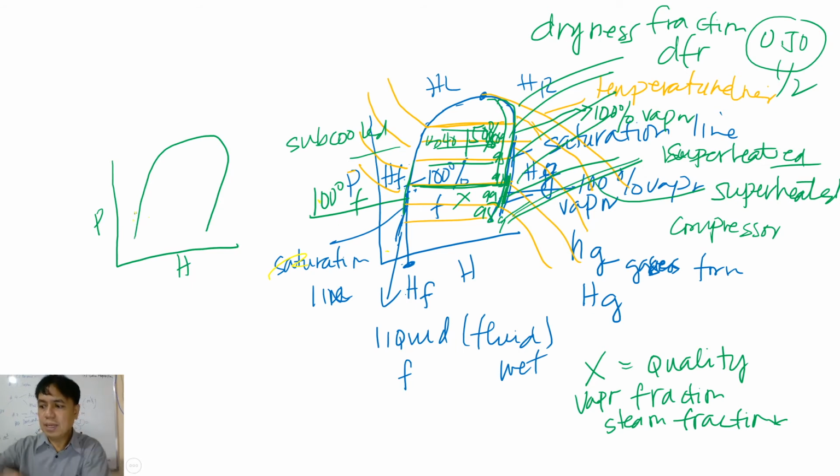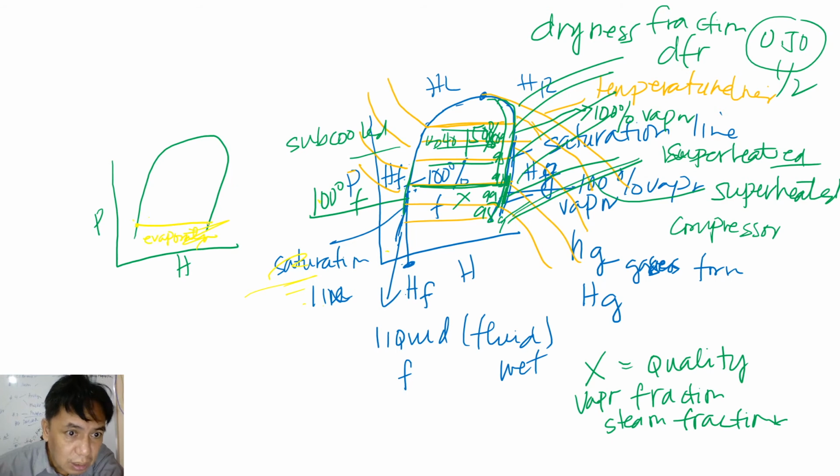Pag bumili ka ng refrigerant sa mga refrigeration store, mga parts and supplies and materials, magkakaroon ka ng fluid, no? So, dito yon. Fluid. Ngayon, pag tiningnan mo dito, etong baba, ito yung ino-occupy ng evaporator. Kasi low pressure, mababa yung pressure.